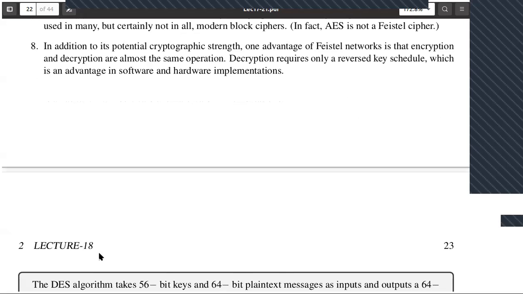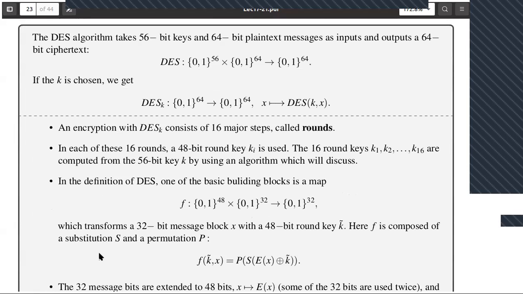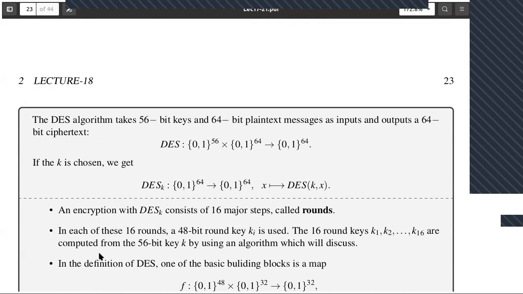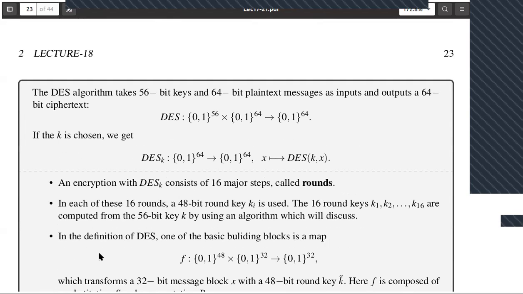Yeah, so this is the thing. Now I explained this entire thing using mathematics. DES itself you can think of as a function from a 56-bit key and 64-bit plain text to 64 bits.